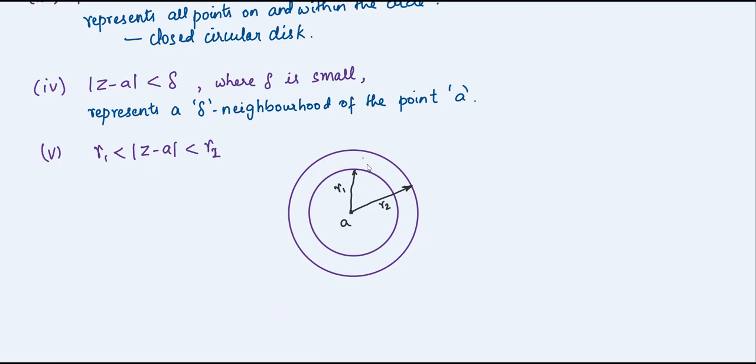So z represents all points within this disk. So these are all the points. So it's this region. Okay.